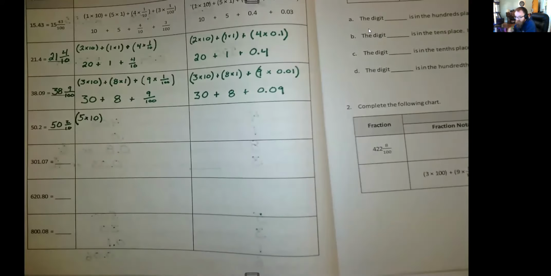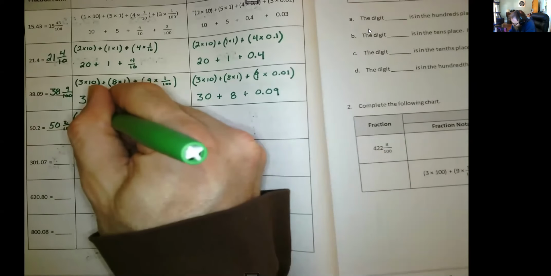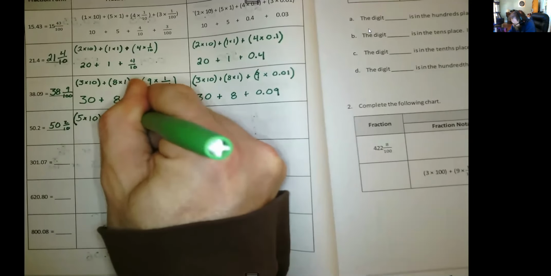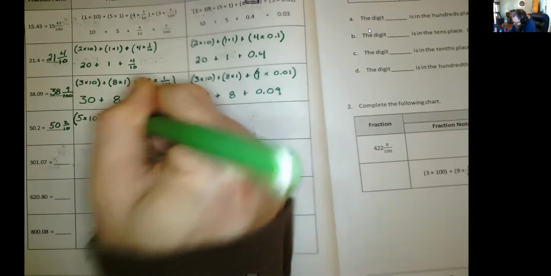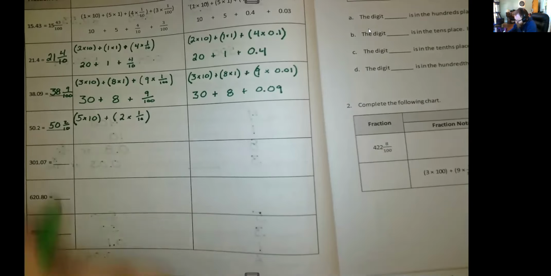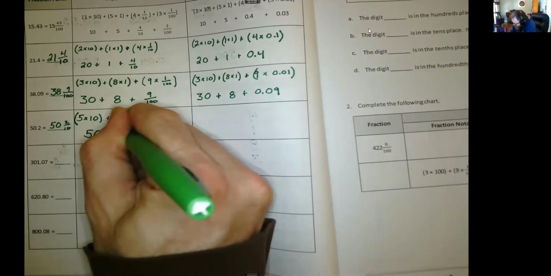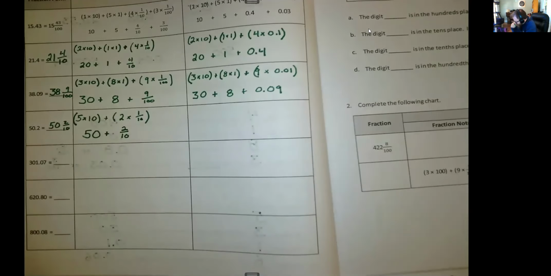We have nothing in our ones place, so we can skip that. We don't need to write 0 times 1. We'll go straight to our tenths place and show 2 times 1/10. That gives us 50 plus 2/10.